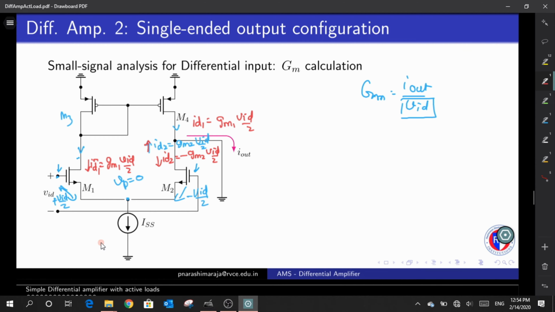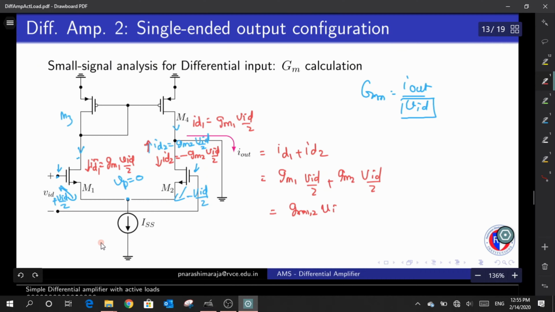The total current that flows out of I out is ID1 plus ID2, which is GM1 VID by 2 plus GM2 VID by 2. If I assume that GM1 is equal to GM2, then I can write it as GM1,2 into VID. I have just added both the halves.